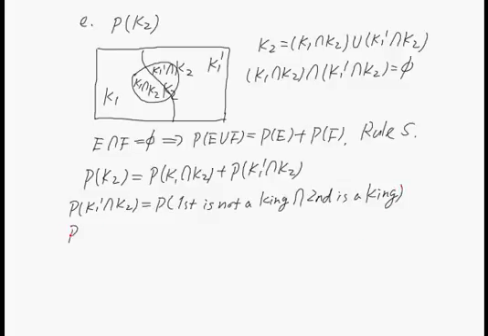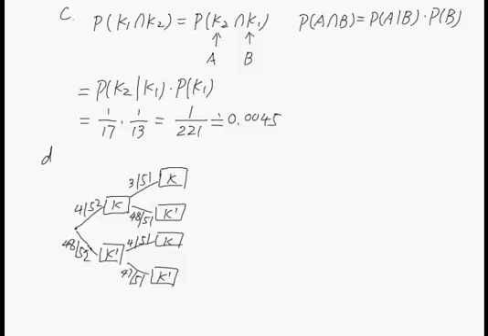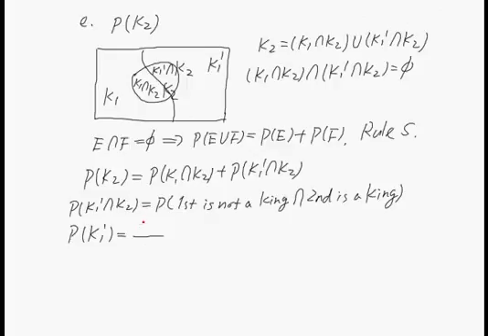Let's first look at P of K1 prime. What is P of K1 prime? The first is not a king. What is the probability of the event the first card is not a king? Let's go to the tree diagram. The first card is not a king, 48 over 52. So this is equal to 48 over 52.